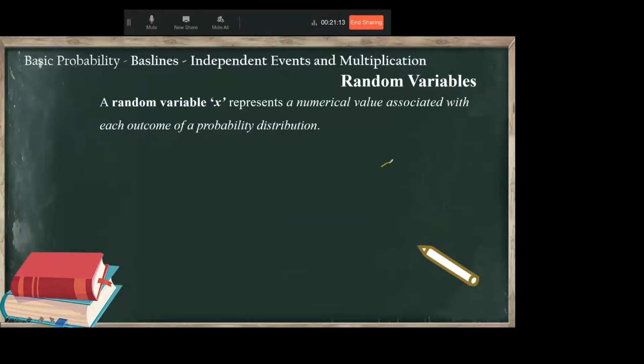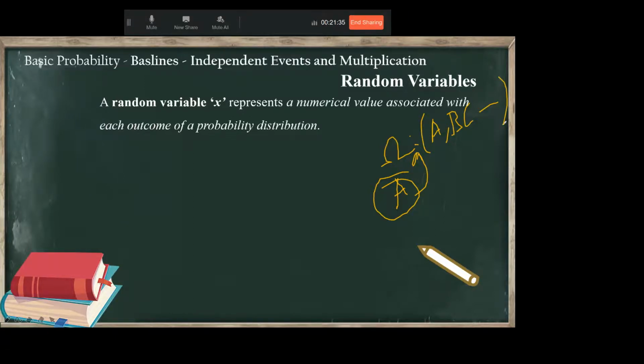The total sample space is given, and what is the probability of an event, which is a part of this sample space, A, B, C, and so on? A is a subset of this, and what is its probability? That's what we have learned so far.